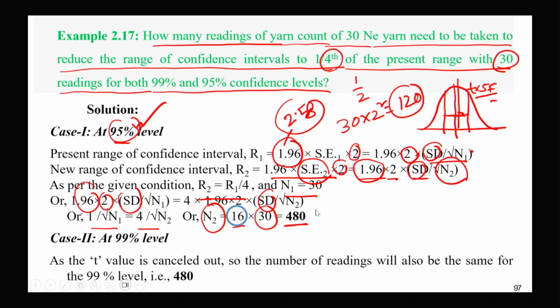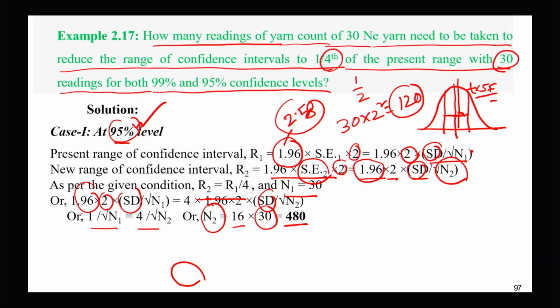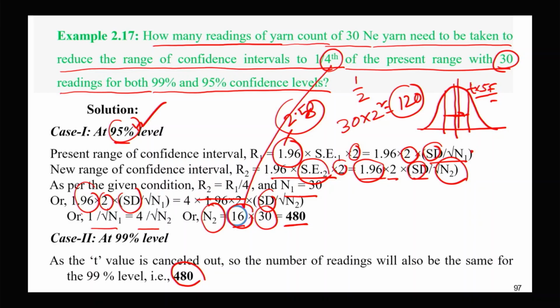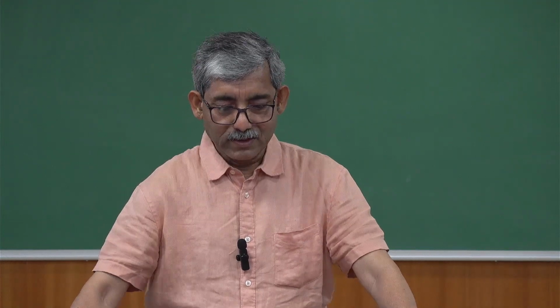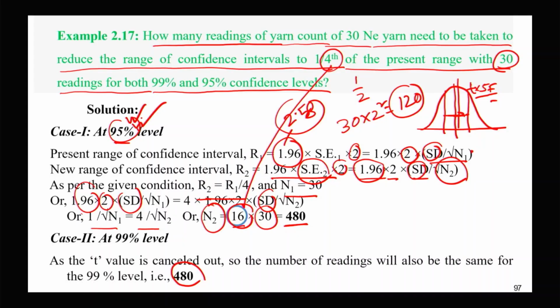After cancelling out, this 16 comes, as I have mentioned, it's 4 times the square of this value, and we are getting 480. So irrespective of the confidence level, we will get the same number. The confidence level doesn't matter here.